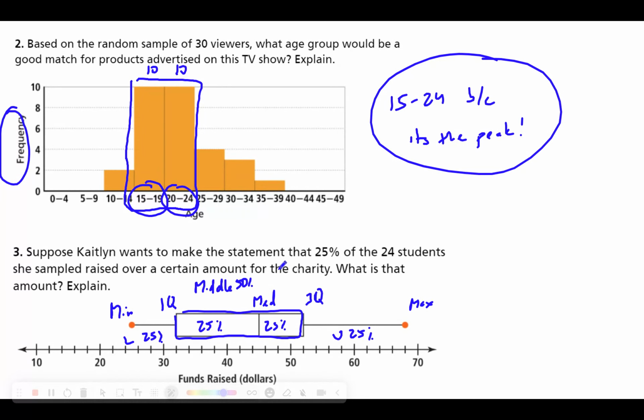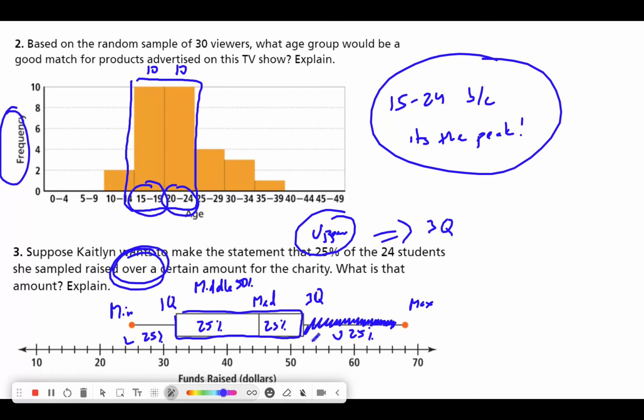So this girl, Caitlin, wants to make the statement that 25% of the 24 students raised over a certain amount. So this means we want the upper 25%, which means we're looking for the third quartile. We want to identify how much was given to be in this group right here, the upper 25%.